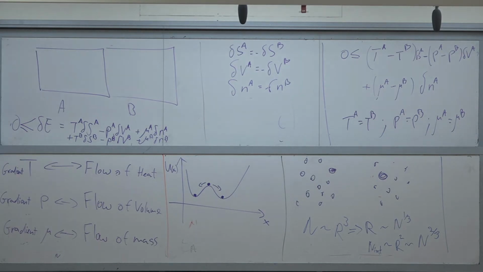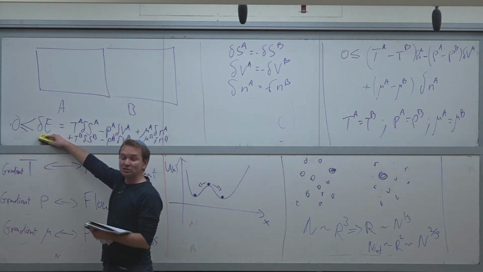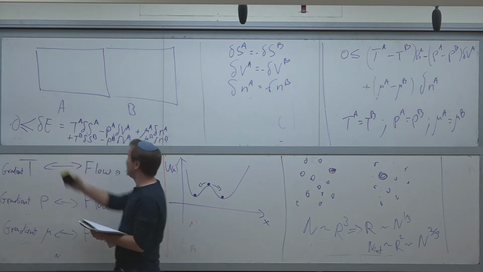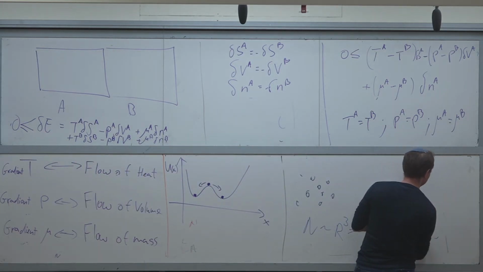So again, what we are doing, we're going to our two systems, system A and system B, and instead of looking at what is a linear change in the energy, I'm going to look at what is the second order change in the energy.